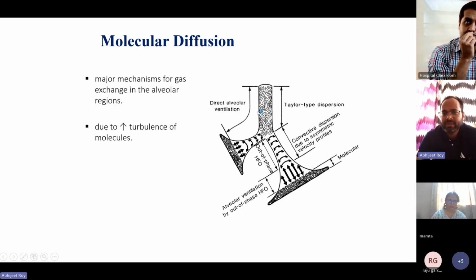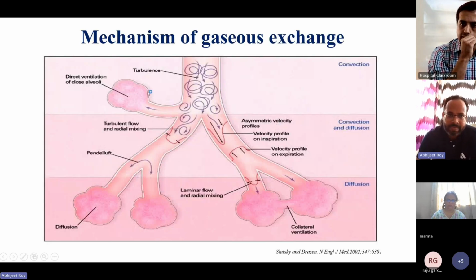And asymmetric velocity profiles, I'll explain a bit later. Just to revise, there is direct ventilation of the closed alveoli, and this occurs through the bulk convection method. Then there is the pendulum mechanism in which two alveoli, because of having different time constants, get ventilated.